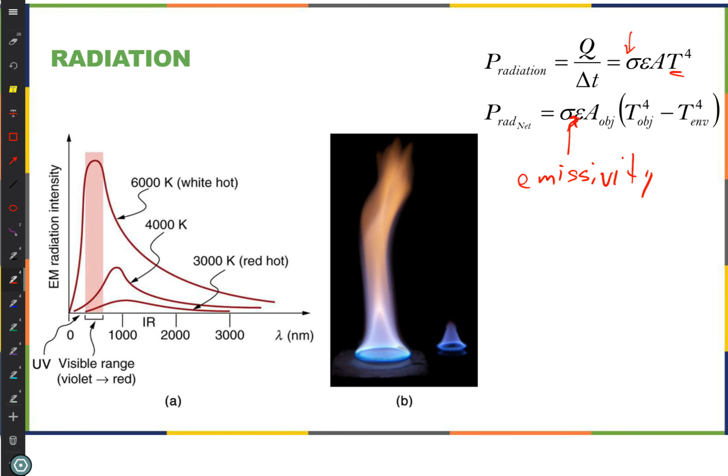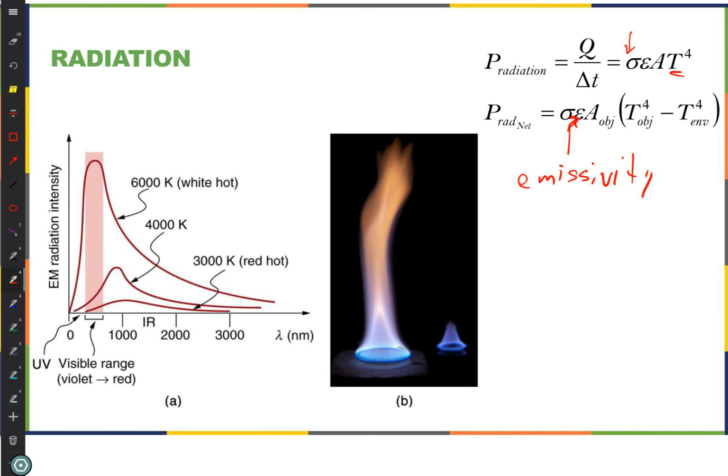It turns out that things that are black, we probably know this. If you go out on a hot day wearing a black shirt, what happens to you as far as getting hot or cold? You get really hot because black is really good at absorbing electromagnetic radiation. And if it's good at absorbing, it's also good at emitting.